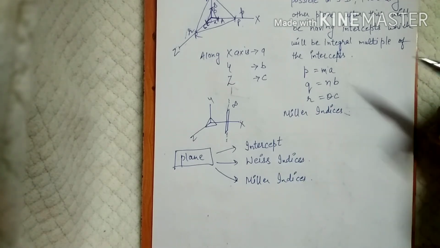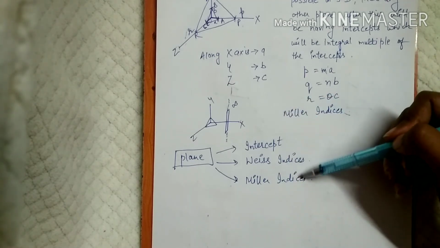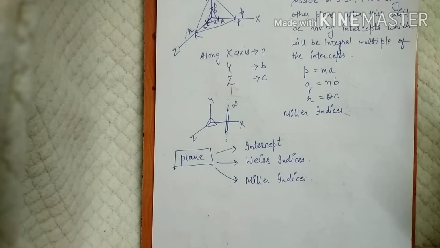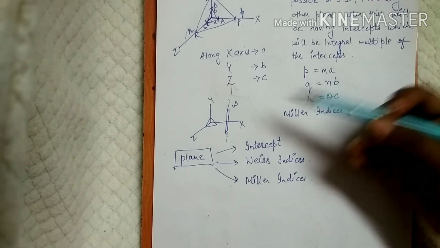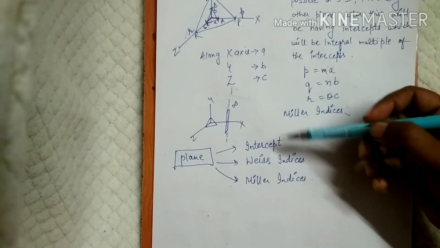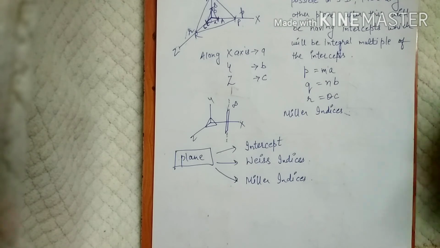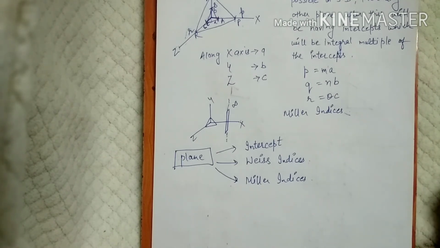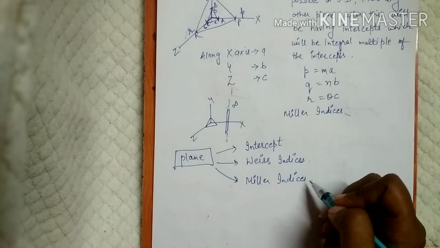We are going to study each of them elaborately, but you should know by this time that if we want to represent a plane, we can represent it in three ways: intercept, Weiss indices, and Miller indices. So now we are going to understand the interrelations between these three.